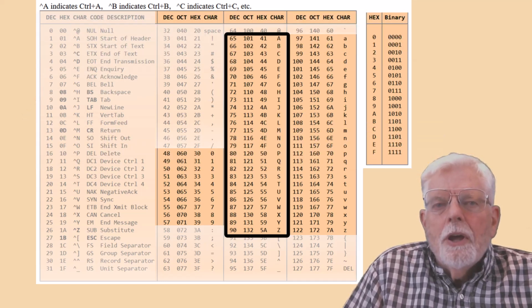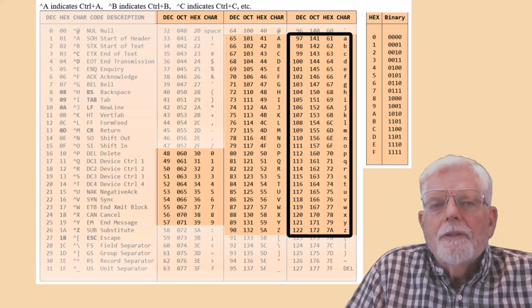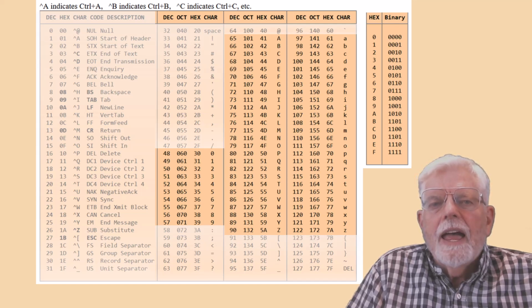Uppercase A through Z go from hex 0x41 through hex 0x5a, and the lowercase a through z go from hex 0x61 to 0x7a.